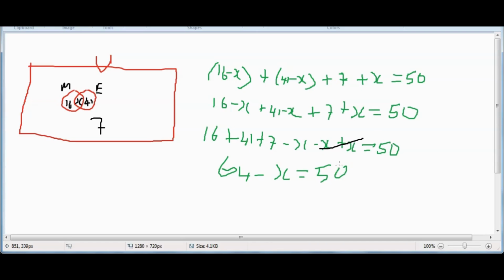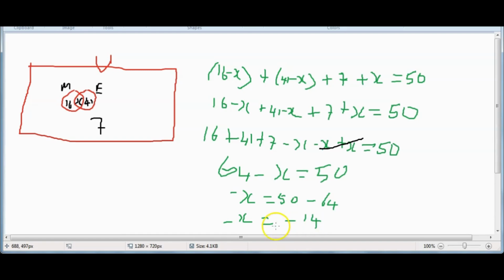We are making x the subject of the formula, so x should be alone. That means you have to carry 64 to the other side. Minus x equals 50 minus 64. Minus x equals to minus 14.